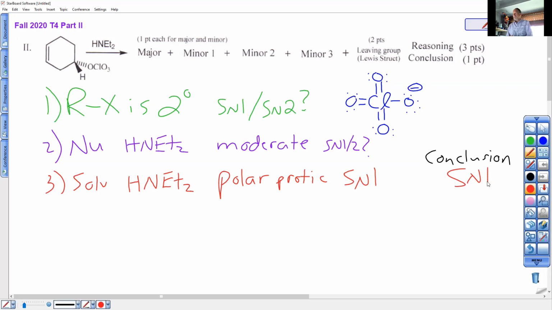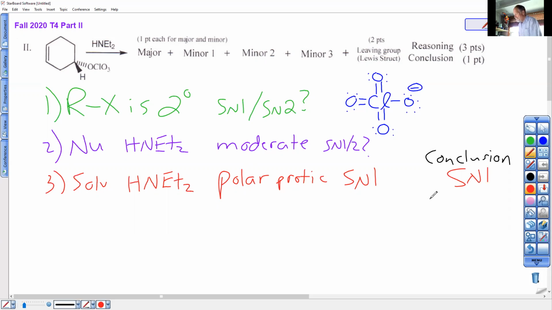So we have to predict all of those products based on our conclusion of SN1. Keep in mind, the minor product for every SN1 reaction is an E1 reaction. So those will be some of the products. We have to figure out what the products are. We know we have to make a carbocation.